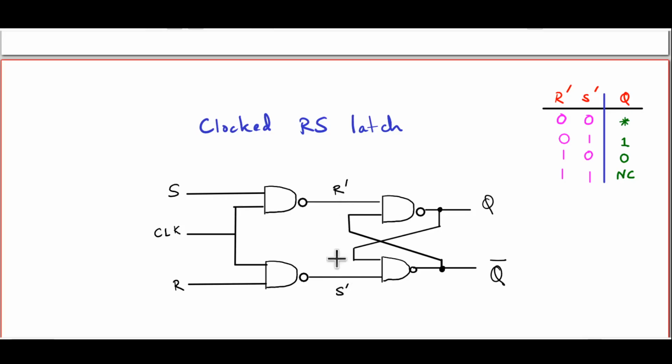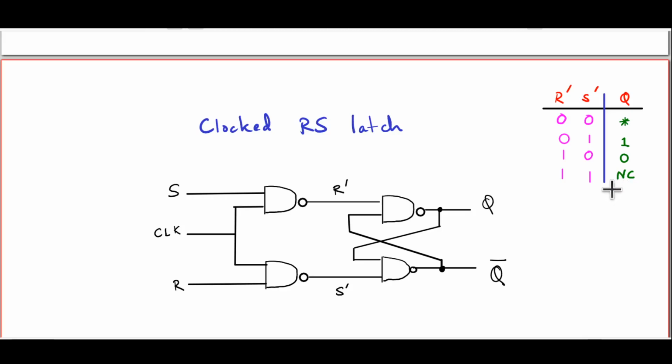But note that the inputs to this particular latch have been labeled R prime and S prime and not R and S. However, the theory is exactly the same as before, which I have summarized in this table on this side. Note that here, when R prime and S prime are both 1, that is the resting or the memory state, the outputs Q and Q bar do not change.